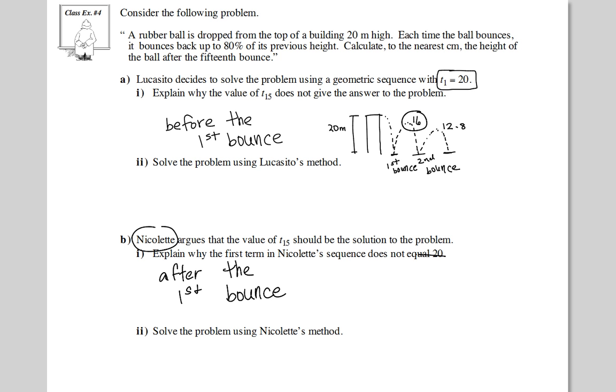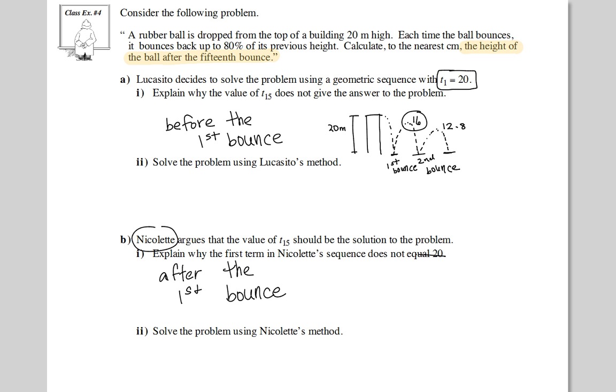Okay, and if you look up at the question, they want the height of the ball after the 15th bounce. So which one would you go with, Lucasito or Nicolette? Technically, because they're coming after the first bounce, right? The ball's dropped from that height, and it's still technically dropped with the counting of the bounce. Yeah, they want to know.